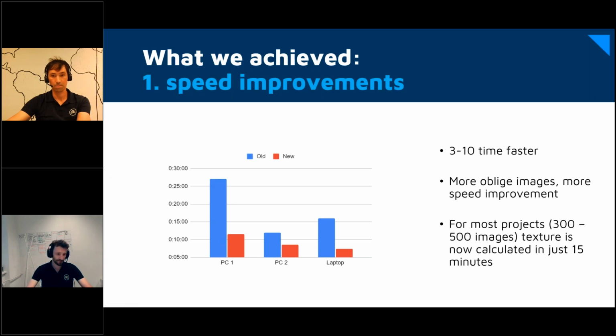It still needs quite some time to calculate the texture, but just a quarter of previous time. PC2 is one of the fastest computers we have in house, so it calculated texture quite fast, even on the old algorithm, but still quite the improvement with the new one.